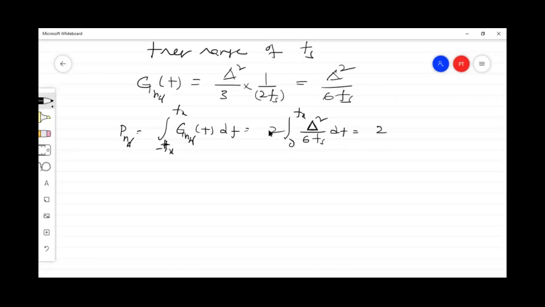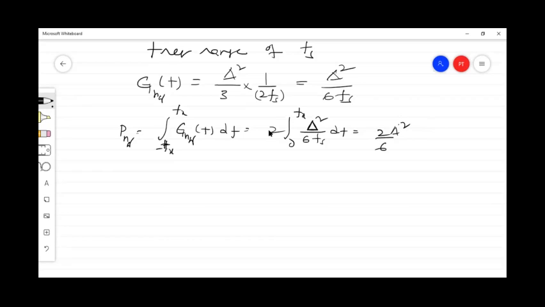After integration, what about fs? Fs is also constant.